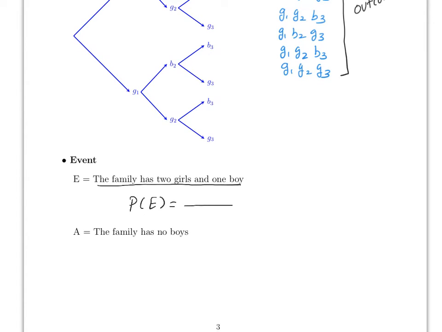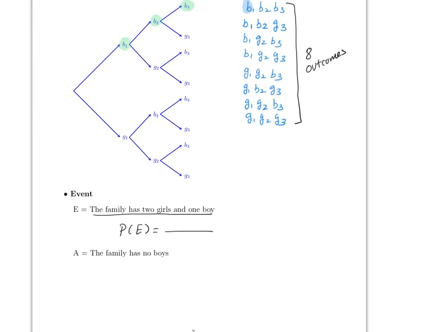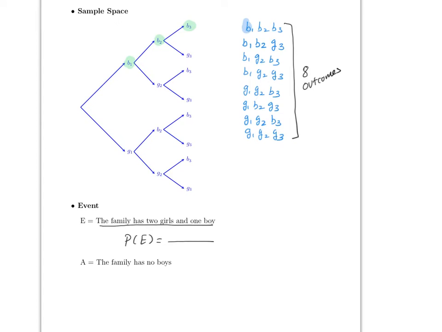So all you have to do is find all the ones that have 2 G's and 1 B. So in this case, it will be this one, this one, this one, which is 3. So therefore the probability of having two girls and a boy will be 3/8. And that's it.